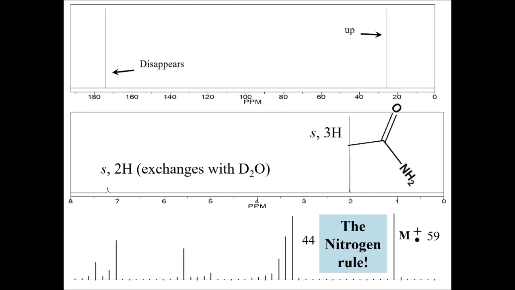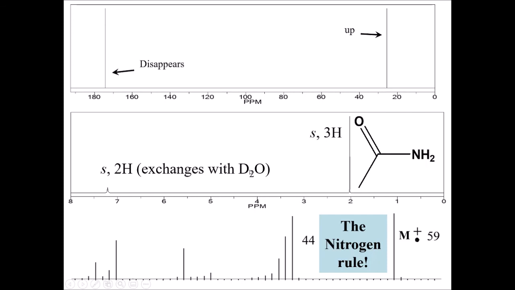There's the structure of the compound right there. This is kind of a nice little spiral moment. So there's my carbonyl group, my methyl group, my nitrogen, and my last 2 hydrogens. This methyl group is what accounts for this singlet of 3 hydrogens. Those 3 hydrogens are 3 bonds away from everybody. And the fact that this is a singlet with 2 hydrogens that exchanges with the D2O, there's a lot of information packed in this statement.